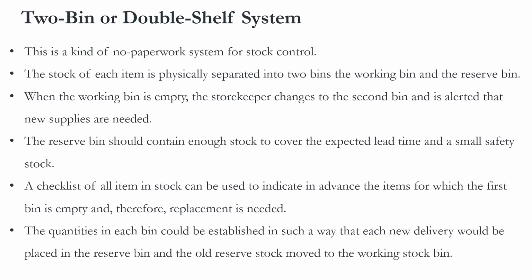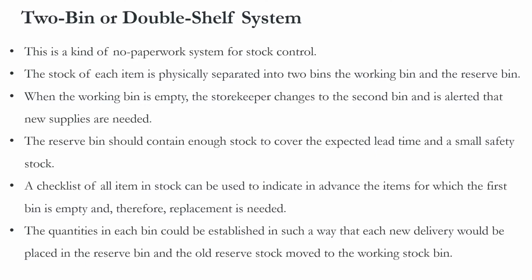Like in every bike or every vehicle, we have a reserve capacity. So when the reserve bin is to be utilized, that means there is a requirement to procure supply.